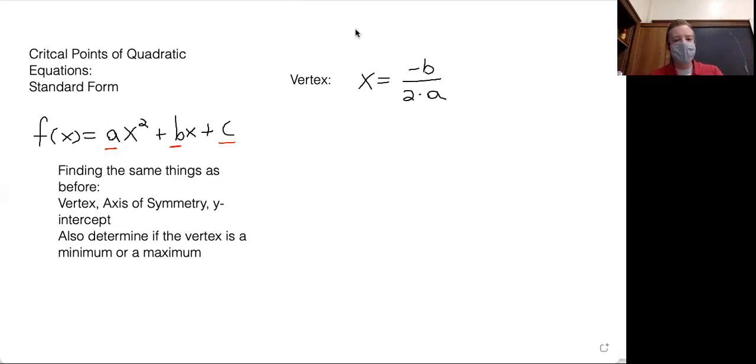To find the y value of our vertex, you're going to plug the x value into the equation that you start with.